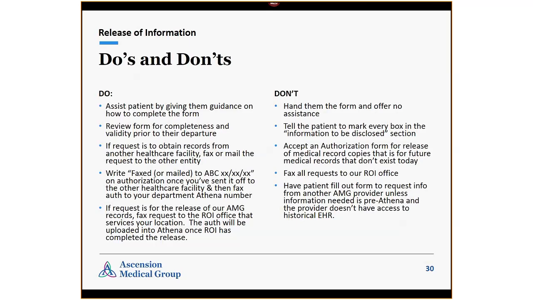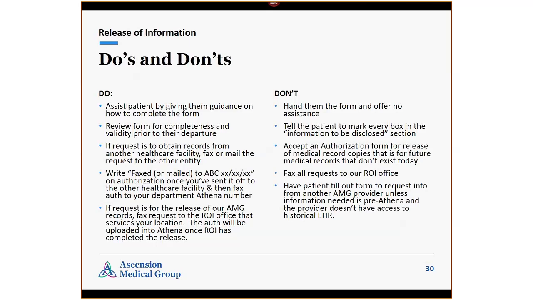Remember, if it is to request records from ThedaCare, from Marshfield Clinic, or from Aurora or Aspirus, you need to fax or mail that request to that other healthcare entity. And then please don't request info from another Ascension Medical Group provider unless that information that is needed is pre-Athena and your provider doesn't have access to the historical EHR.